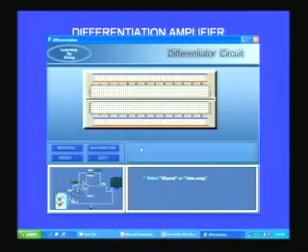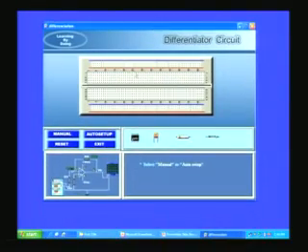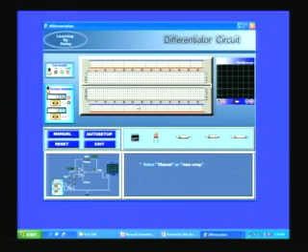Now I will quickly show you a demonstration, a simulation of the circuit. Here on this screen I have a breadboard, I have the dual supply, I have the function generator which generates a square wave in this case, and I have an oscilloscope on this side.